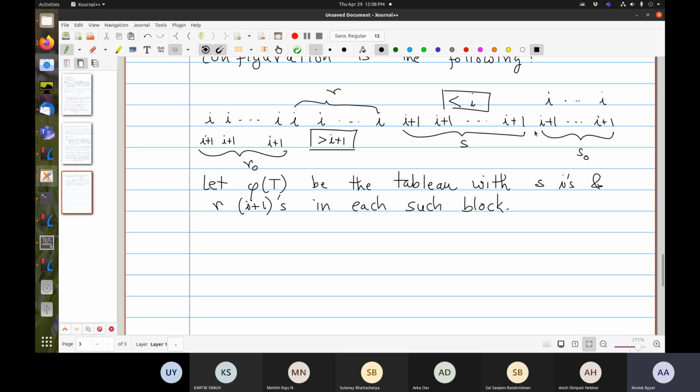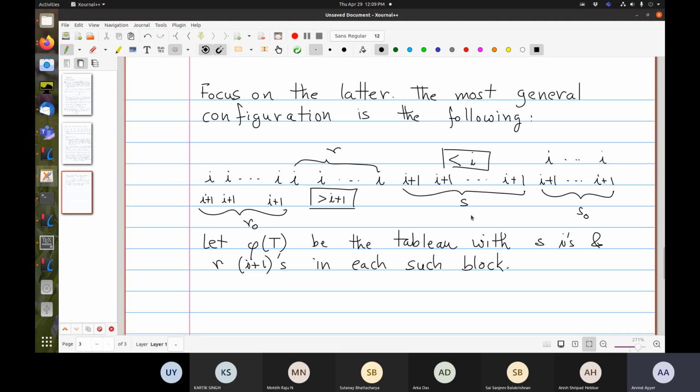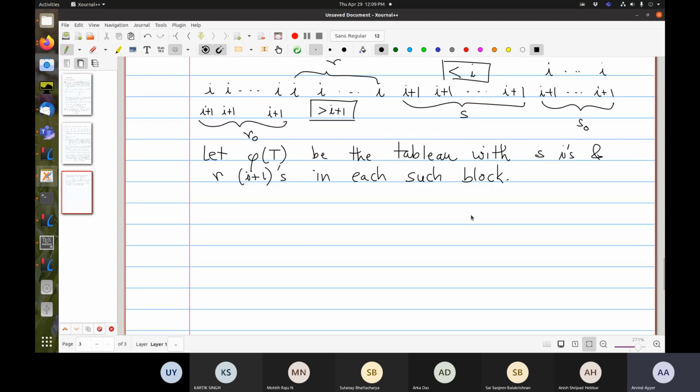So we don't do anything, as promised, to this block of R0 and this block of S0. And the T tilde that you get over here will have the number of I's and I plus 1s interchanged. This is clearly a bijection with the desired properties.